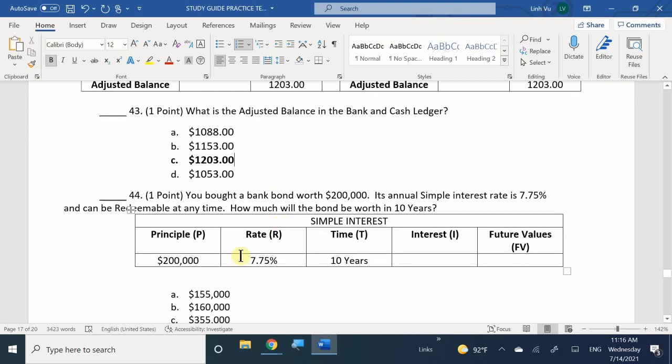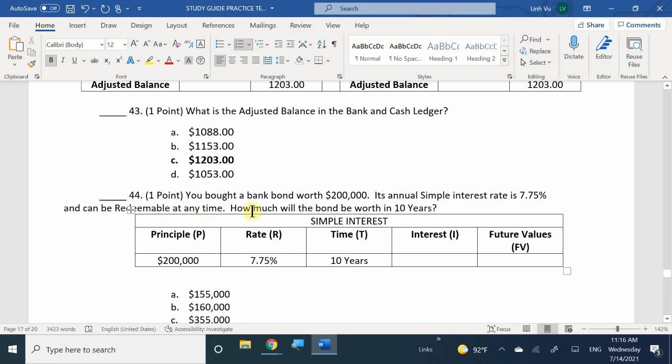Question 44. You bought a bank bond worth $200,000, okay? And the annual simple interest rate is 7.75%. It can be redeemable at any time.